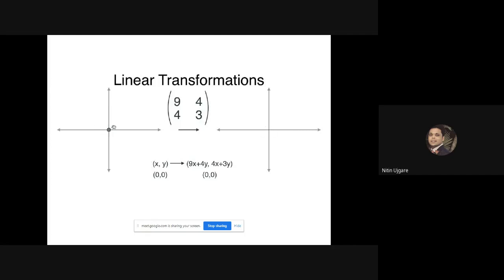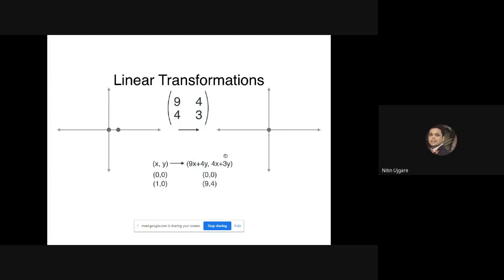That means whenever I am locating this point on the new hyperplane, it will be located at the origin, because it is a point at the origin of the original hyperplane. So naturally, when you transform it to the new hyperplane, it will be at the origin itself. Okay, so this is the point.